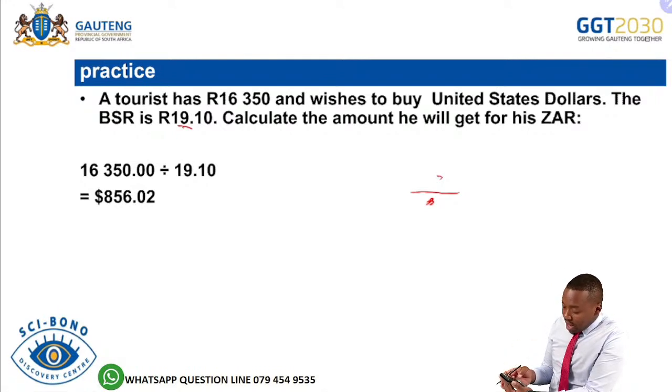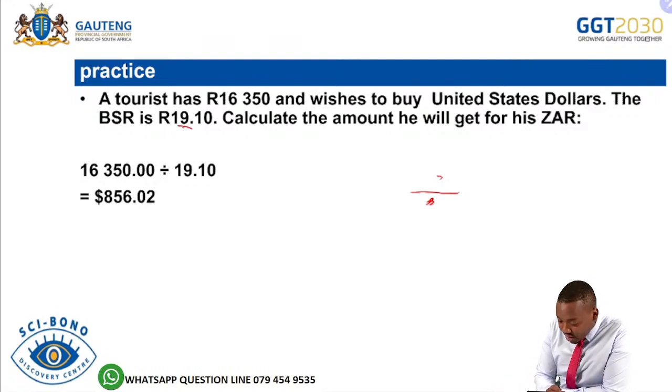Then what will be your answer? This one is straight to the point. From the calculator, the answer is 856,02, and then there's 0 and other numbers, right?